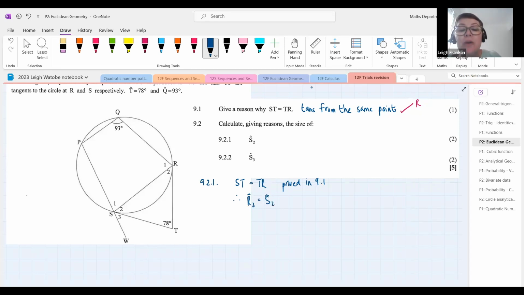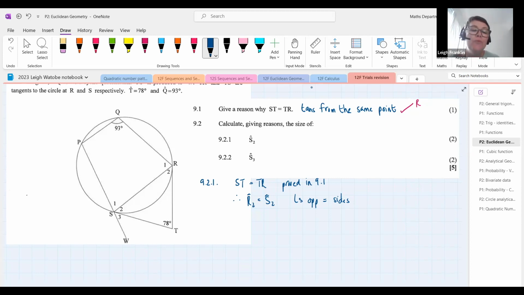Now there needs to be a reason. This is angles opposite equal sides. They don't like us to use the words isosceles triangle to explain this, even though what Sagwadi said was true. It is an isosceles triangle. So we use the words angles opposite equal sides, which is something I'm sure you're all familiar with.